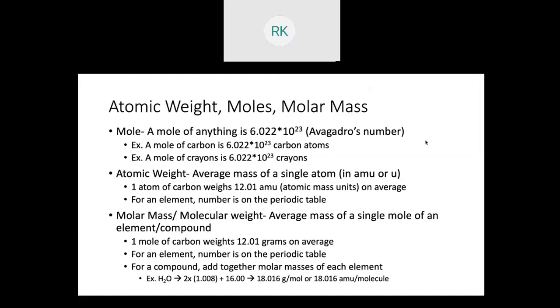So if we're talking about a mole of water, we would add these together and find that 1 mole of water weighs 18.016 grams. Or if we're talking about a single molecule of water, notice that the weight is still the same, 18.016. But if we're talking about a molecule, our unit of mass will be AMU, or atomic mass units. Okay?